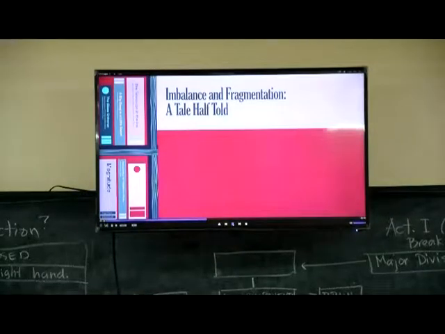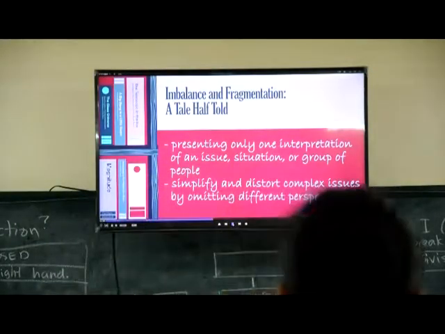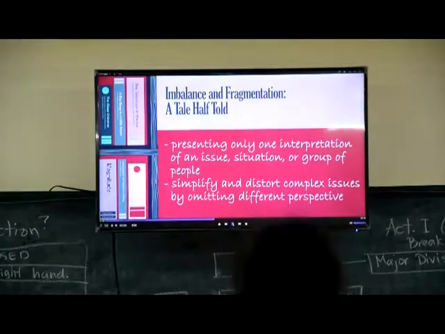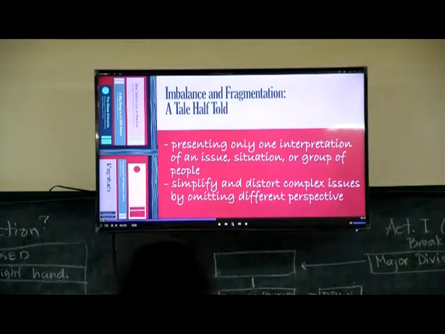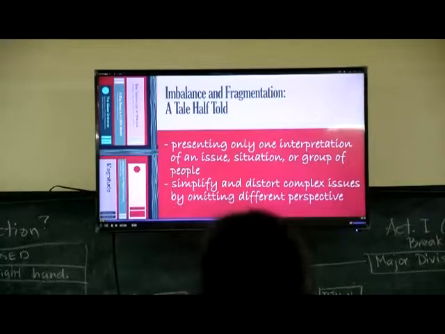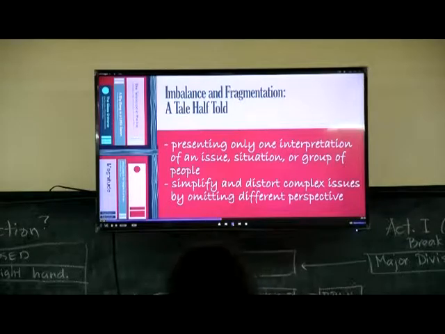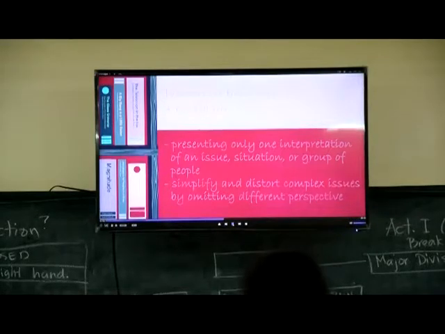Imbalance and selectivity, a tale half told. Curriculum may perpetuate bias by presenting only one interpretation of an issue, situation, or group of people. Such accounts simplify and distort complex issues by omitting different perspectives. Examples.